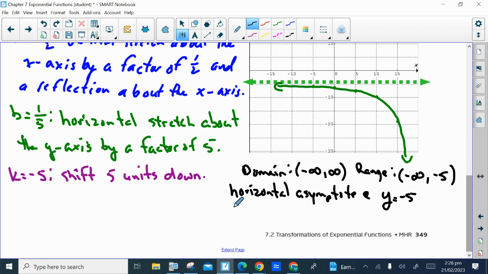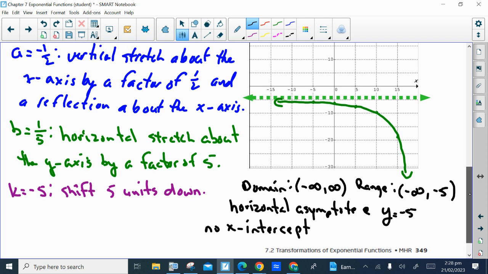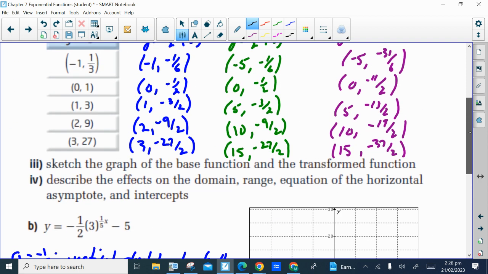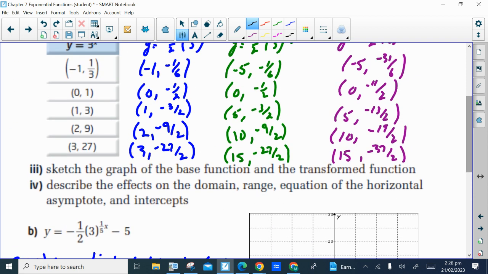Again, this graph has no x-intercept. But we can see that there is a y-intercept. And in fact, in our table, we actually found the y-intercept: the point 0, negative 11 halves. The y-intercept is always where x equals 0. So we have this point on our table, and we don't have to algebraically determine it.